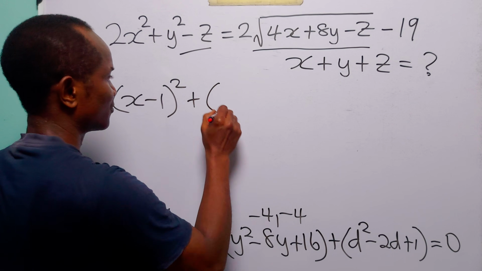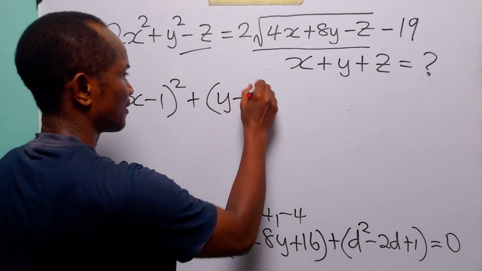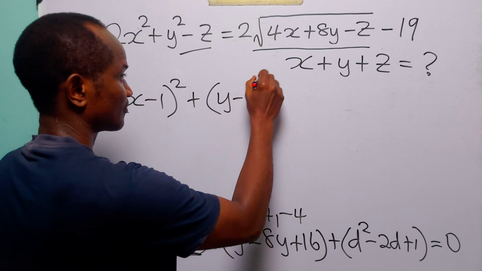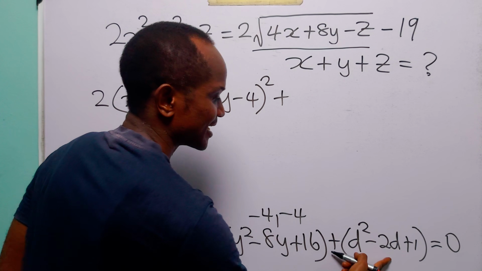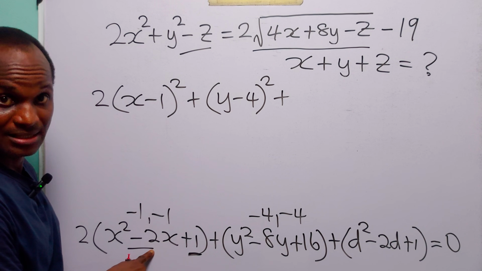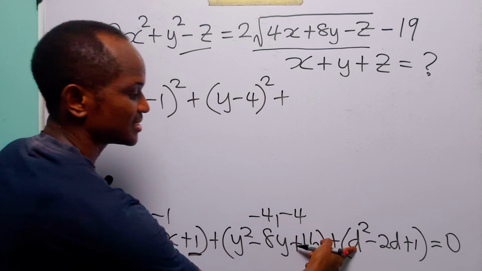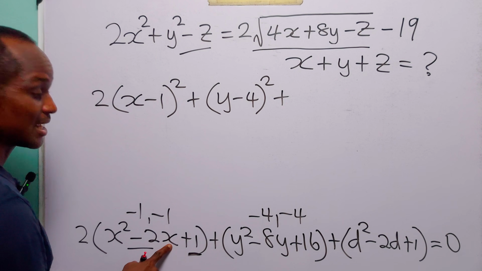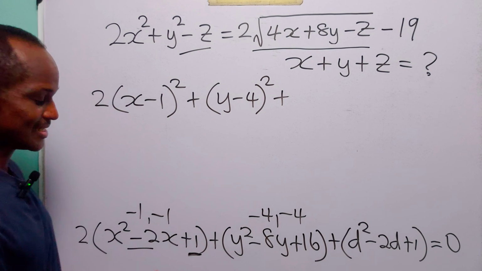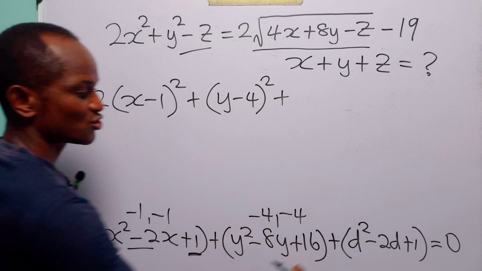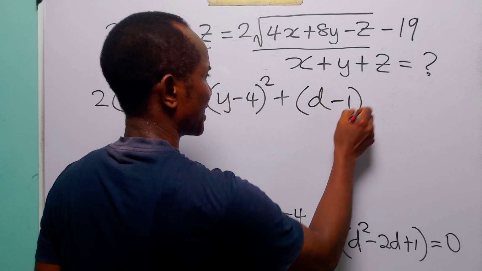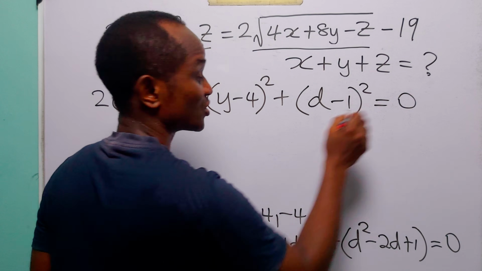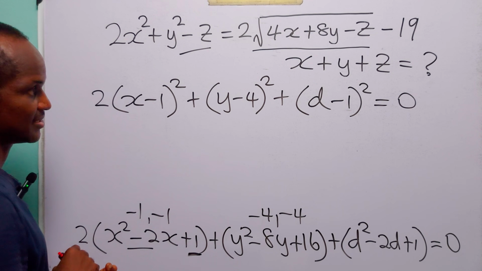So here we have y minus 4 squared. Now, notice that this quadratic expression looks like this. The only difference is in the variables. Over here we have d and here we have x. So when we factorize this, we have d minus 1 squared, and of course this is equal to 0.